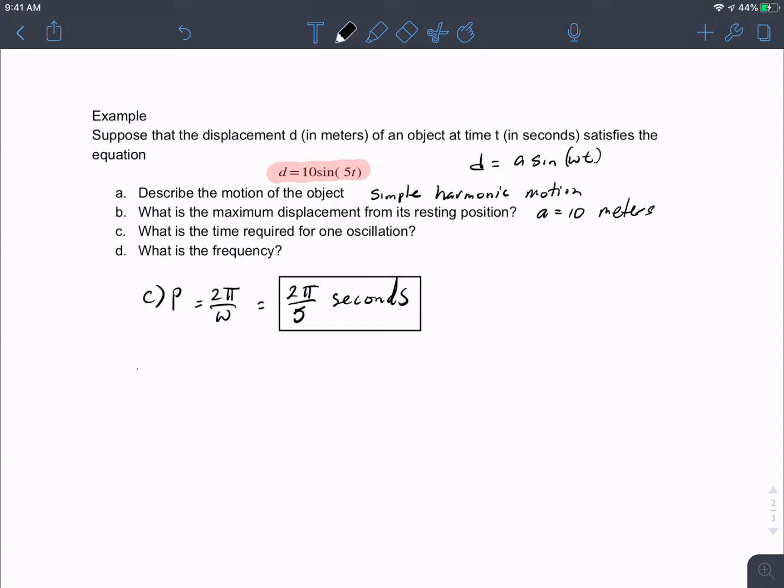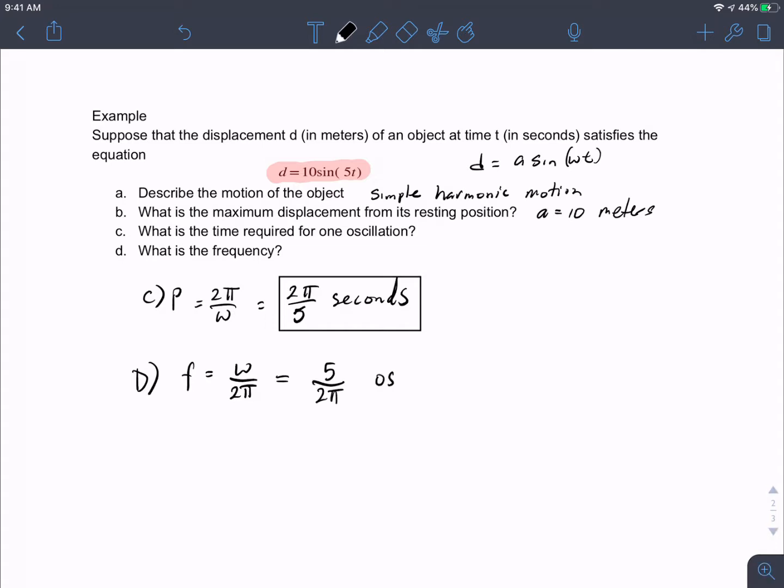All right, for D then, we need to remember that the frequency is the reciprocal of the period. So frequency is going to be omega over 2 pi, simply the reciprocal, and so that's going to be 5 over 2 pi.